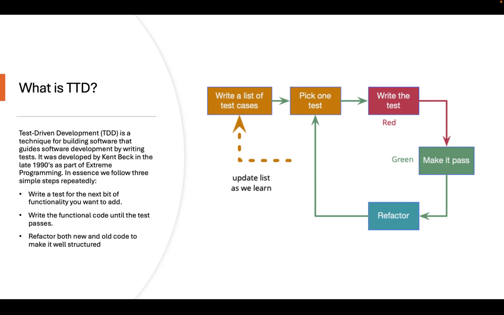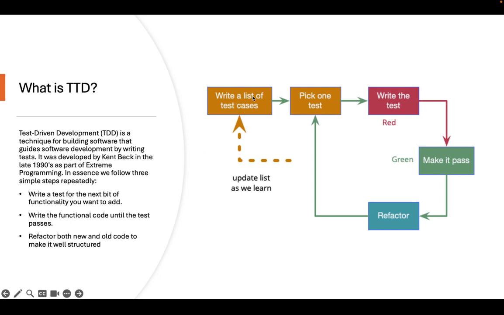1. We write a test for a bit of functionality you want to add. 2. You write the functionality code until the test passes. 3. We refactor both new and old code to make it well structured. So we have this following graph here.